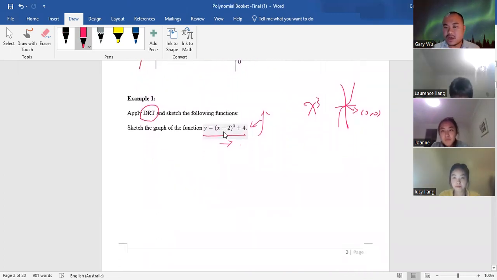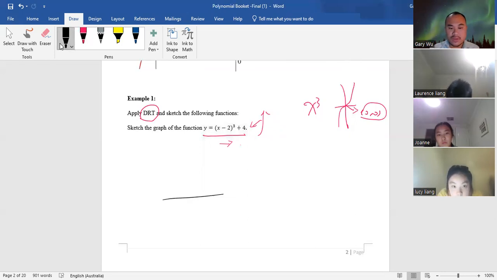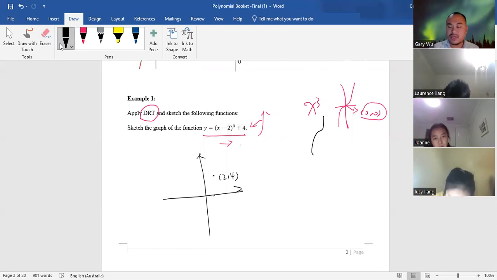So first, we find the coordinates for the stationary point of inflection. That would be 2 units to the right and 4 units up, so this is (2, 4). Does that make sense? We don't have any dilation or reflection, so we just use the basic shape and connect it.